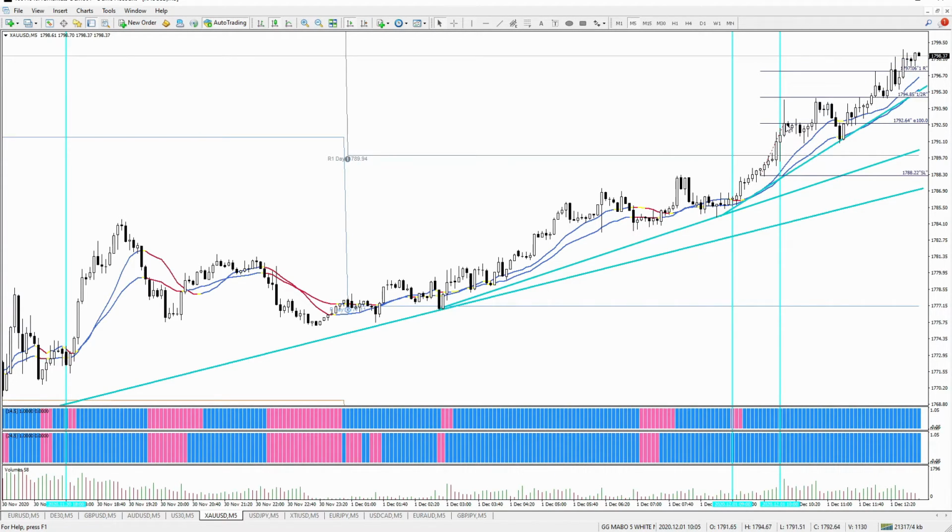I can put the stop here because it's below this low and it's below R1. And I'm suffering a bit. And then here I don't like it anymore because it's a double top. The bulls, out of all this momentum, didn't manage to breach this high here.